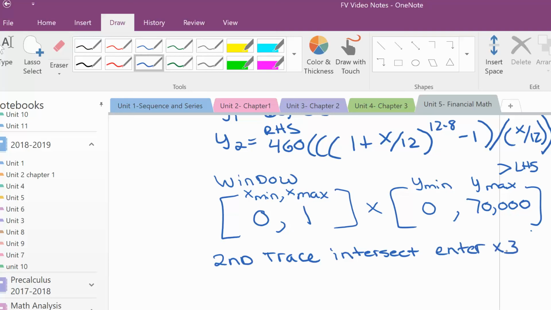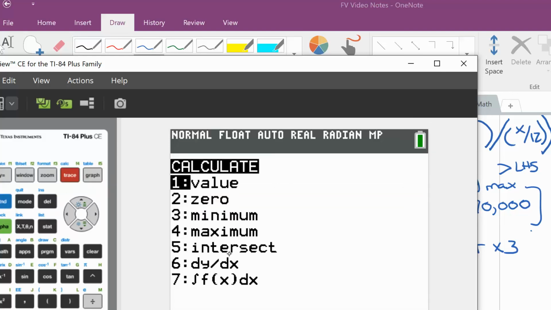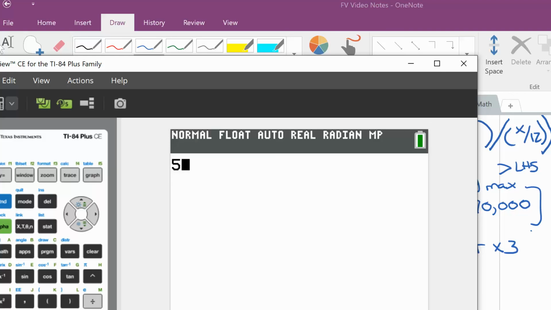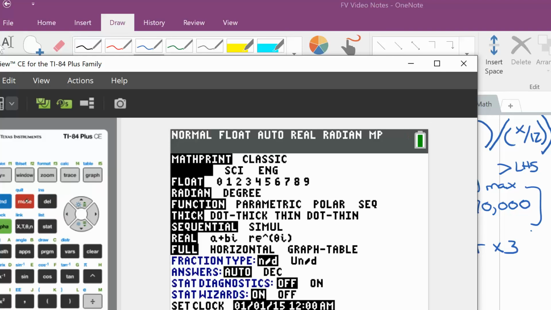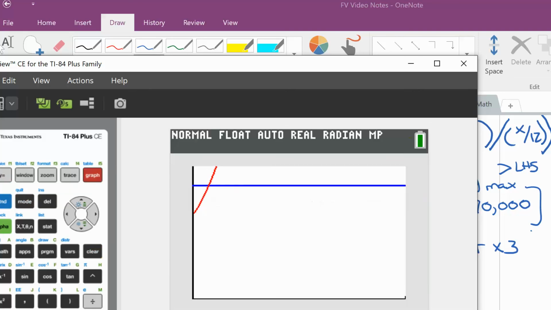So I'll show you. You go second, trace. See, it says calculate. You want to do number 5. So you hit number 5, or you scroll down to number 5. I don't know why it did that. Oh, we're going to have to start over. Graph it. All right, let's do it again.